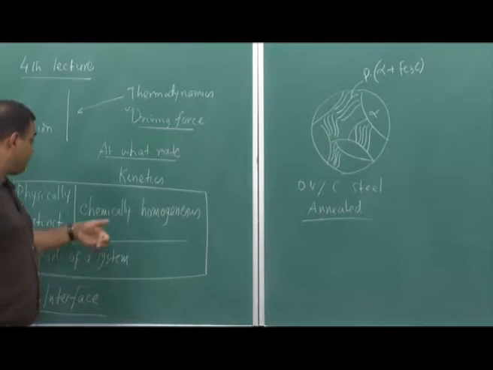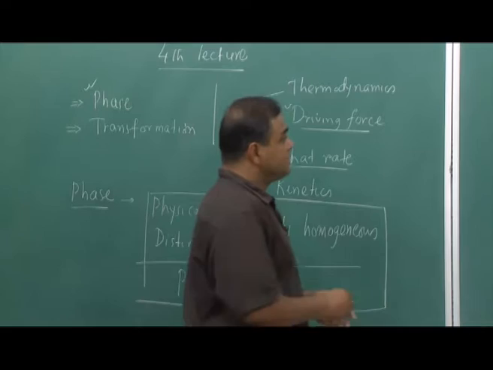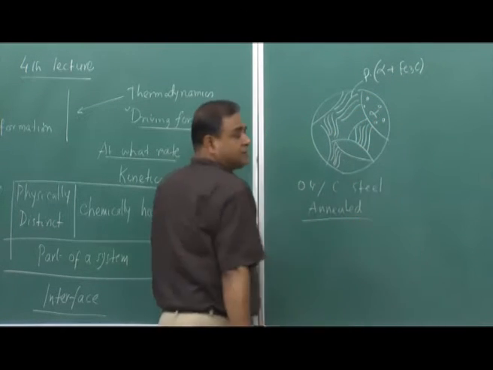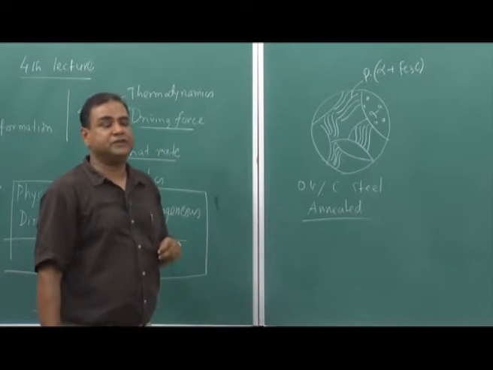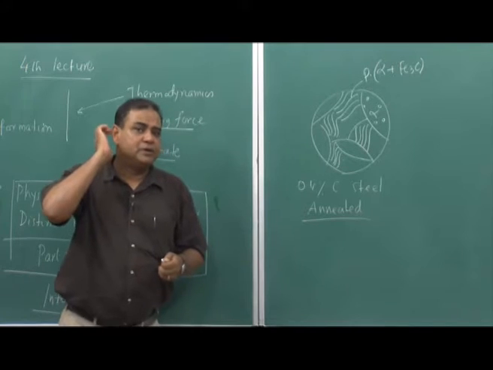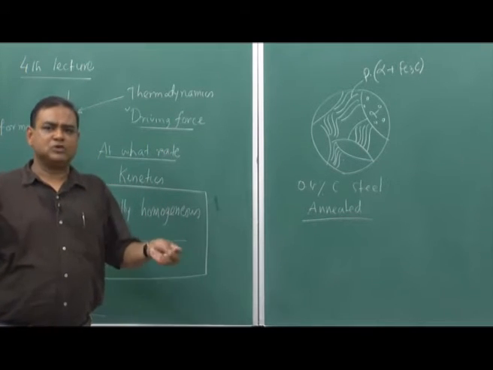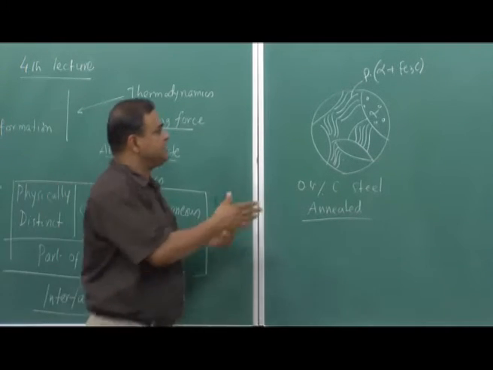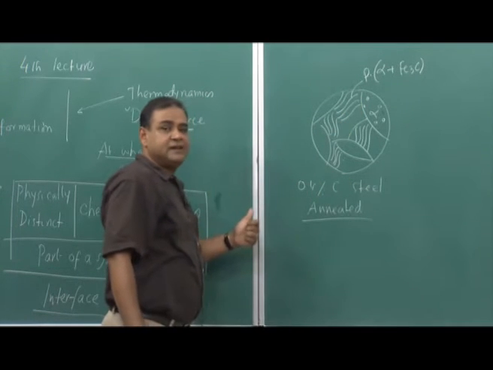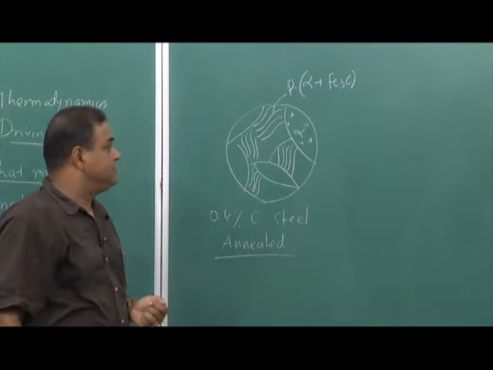Now, we need to see whether other things are fulfilled. If we see the concentration of carbon in different sections, we would find that the concentration of carbon is almost the same at every point within this particular section. So, that means it is chemically homogeneous.